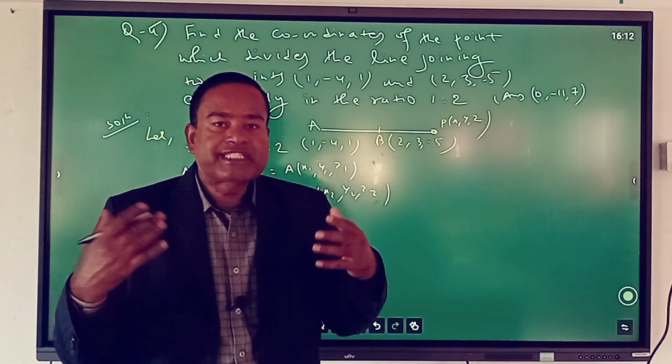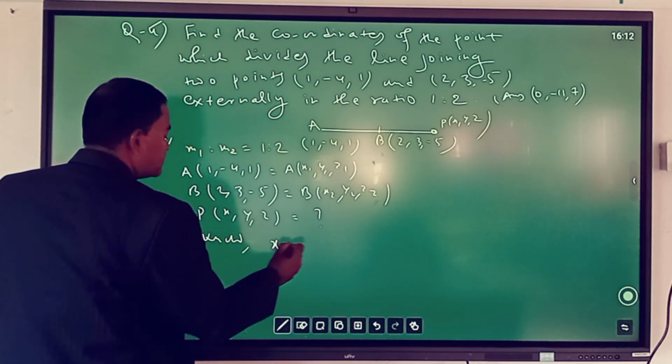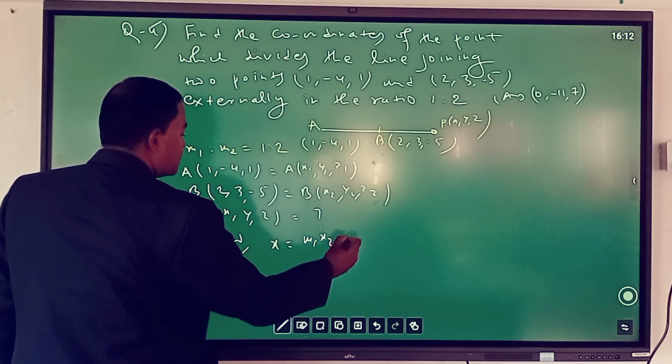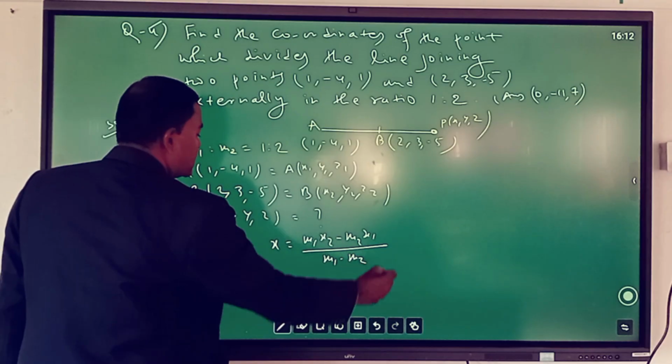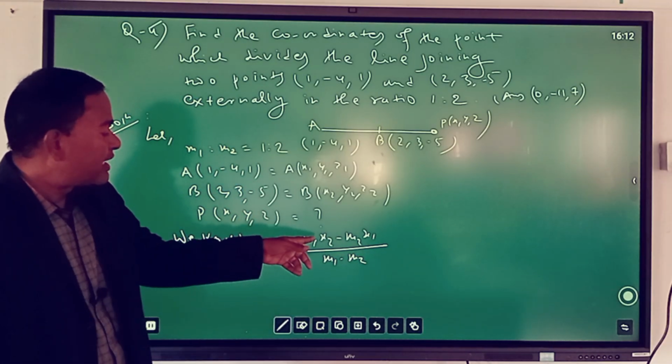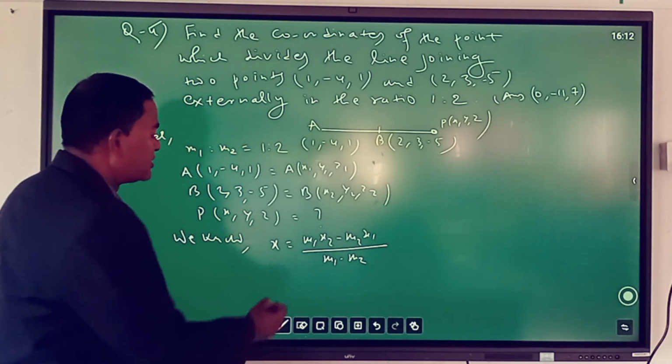According to the section formula, x is equal to (m1 x2 minus m2 x1) divided by (m1 minus m2).